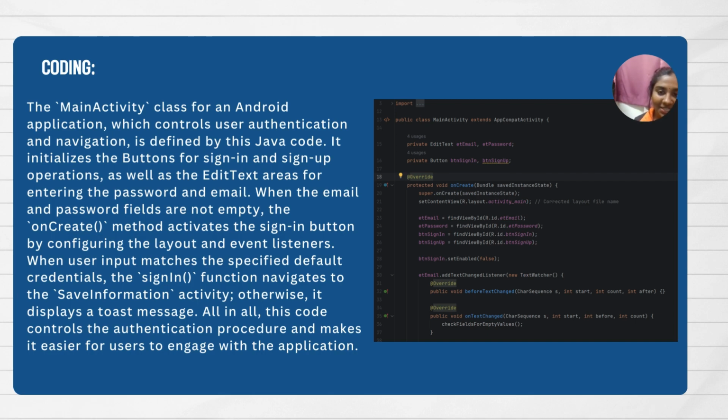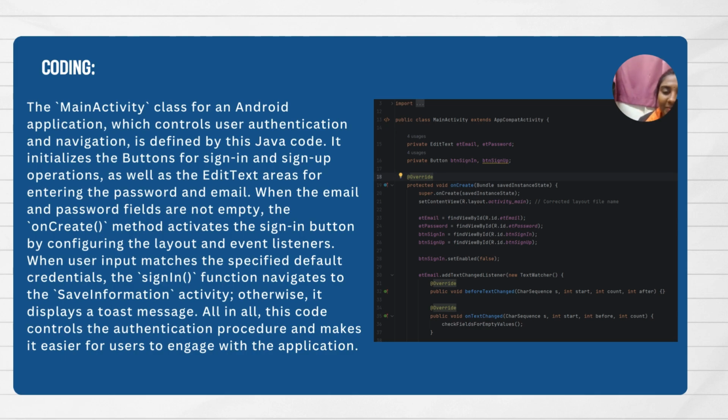The main activity class for an Android application, which controls user authentication and navigation, is defined by this Java code. It initializes the buttons for sign in and sign up operations, as well as the edit text areas for entering the password and email. When the email and password fields are not empty, the onCreate method activates the sign in button by configuring the layout and event listeners.